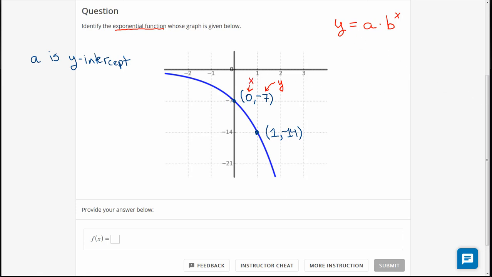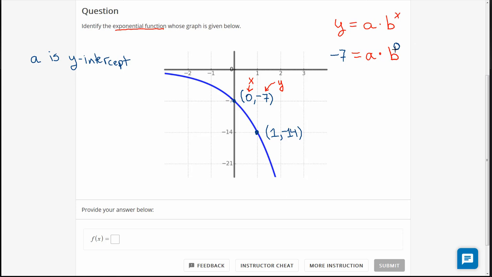Let me write some things down in red. So I have a times b to the x. The fact that the x-coordinate is 0 and the y-coordinate is negative 7 means that when I set x equal to 0, then y has to be negative 7. That's what it means for that point to be on the graph.